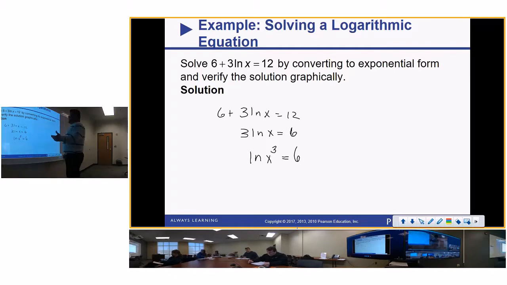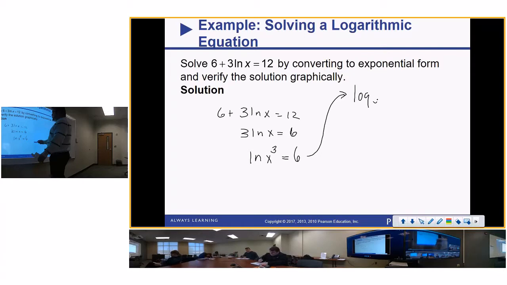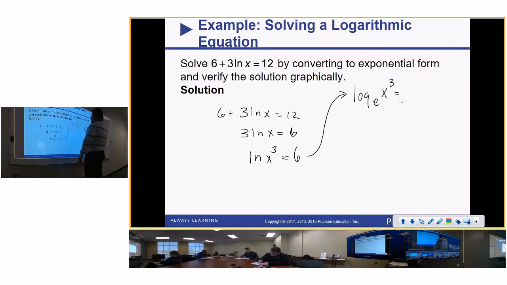And I can rewrite this. And see, this is where I told you I like to rewrite this. Log base e of x to the 3rd is equal to what? 6. Well, that looks like what we've been dealing with. Y is equal to log base e of x to the 3rd, doesn't it?